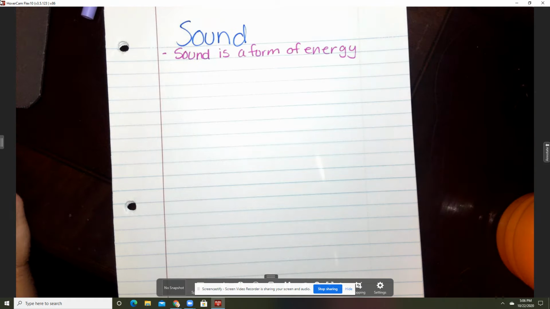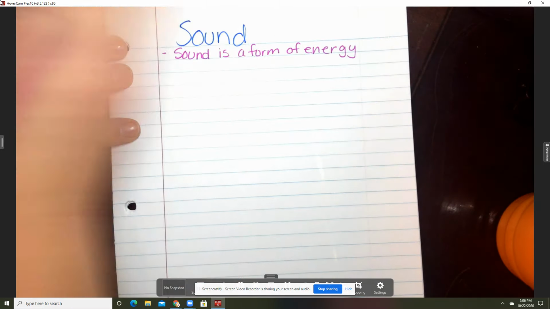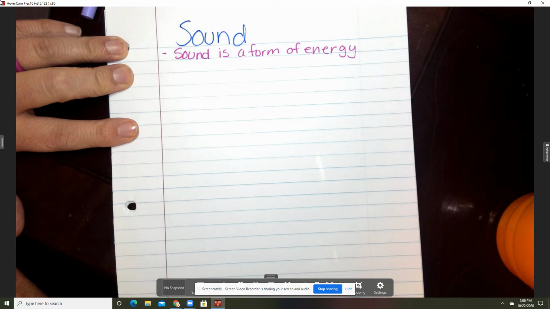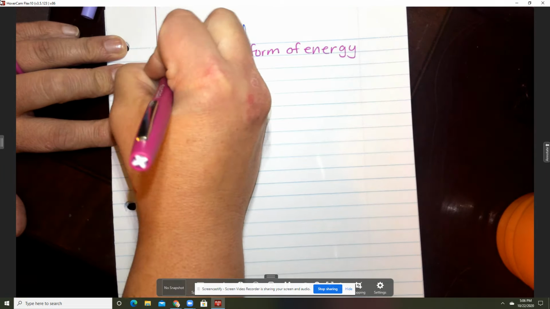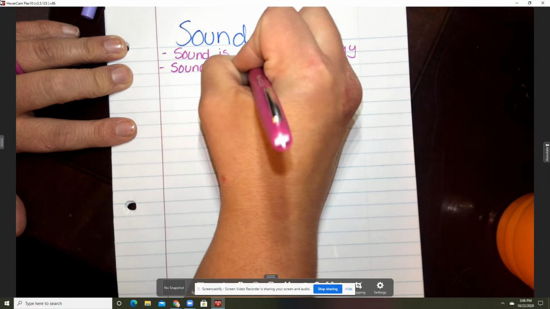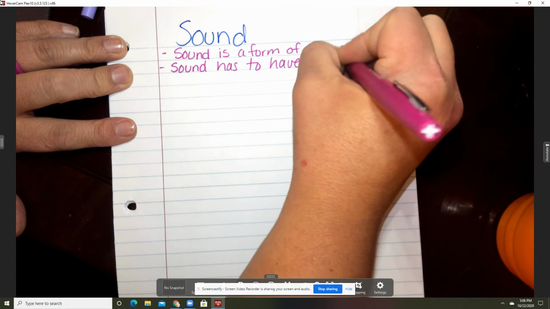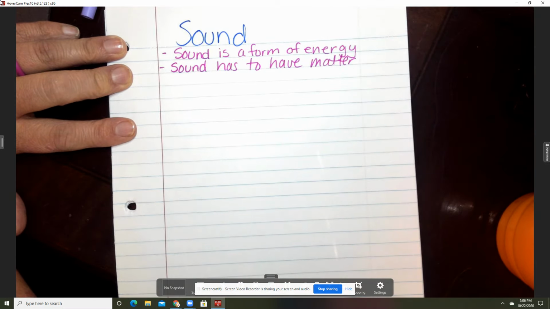Sound is made and transmitted by vibrating matter. So what that means is that sound has to have matter. It has to have matter to bounce off of and to use, okay?